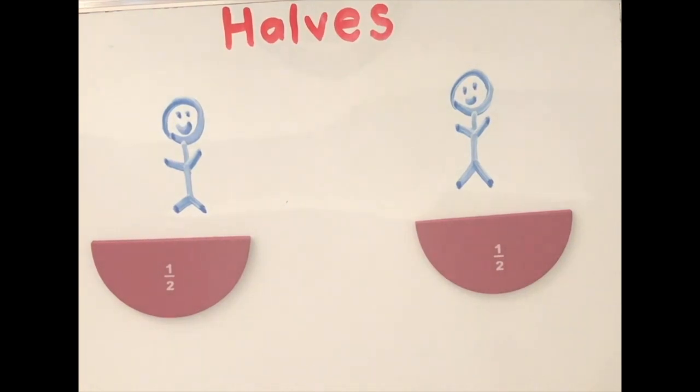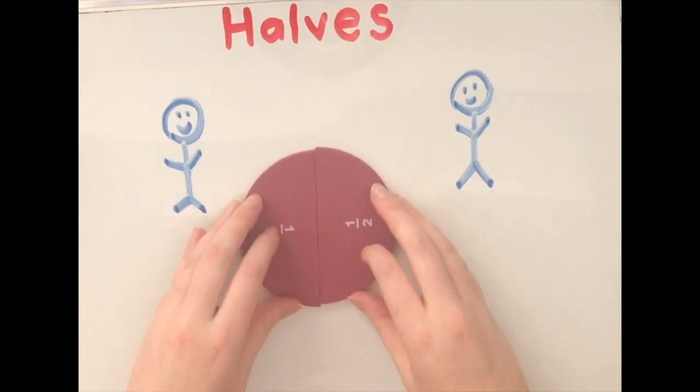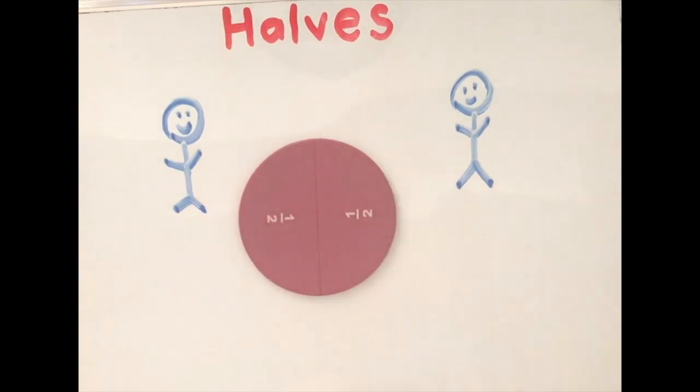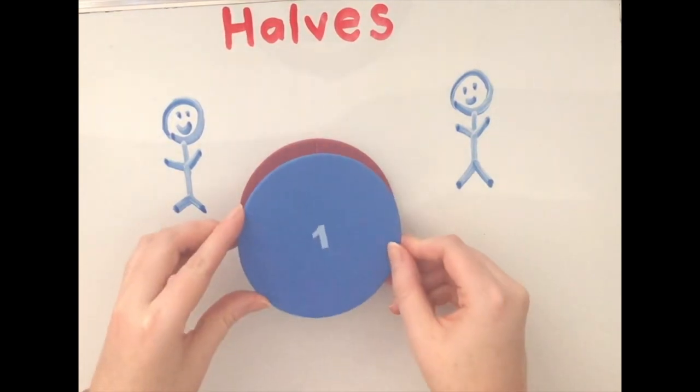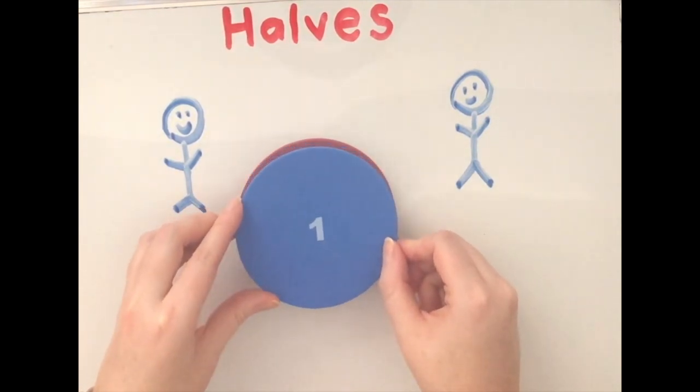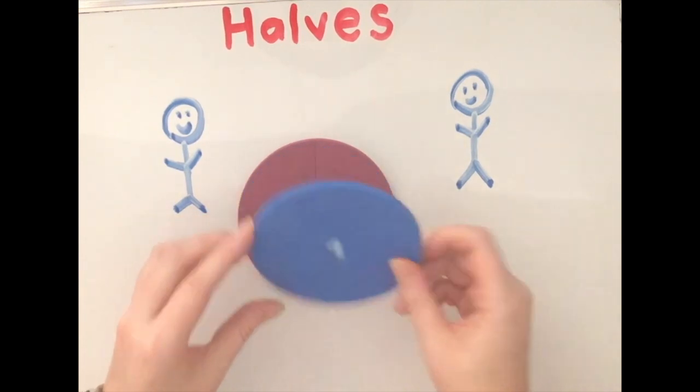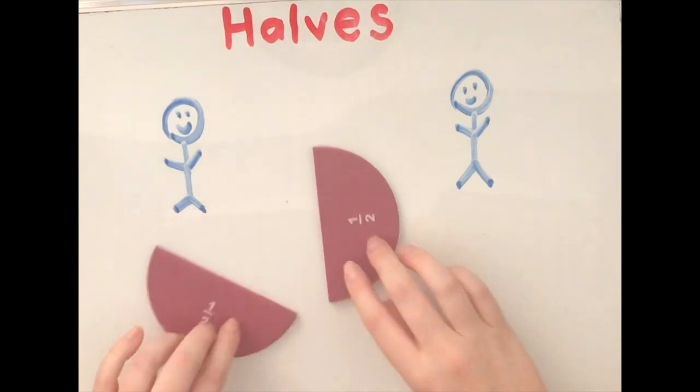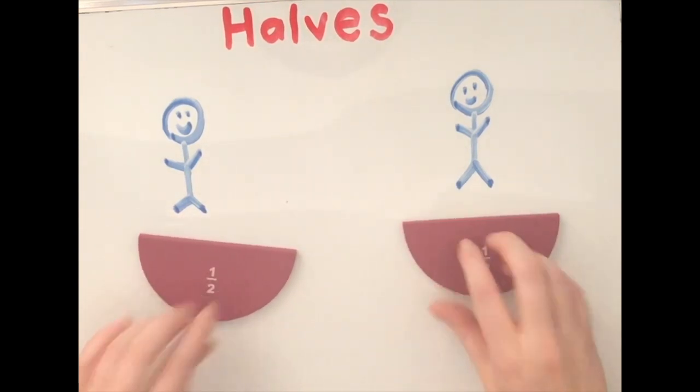Is this fair? Yes, it is, because they have 2 pieces that are exactly the same or exactly equal. And when we put them back together, we have the whole circle again. You can see that it is exactly the same as the whole cake because we cut it in half. 1/2 for Tom and 1/2 for Jerry.